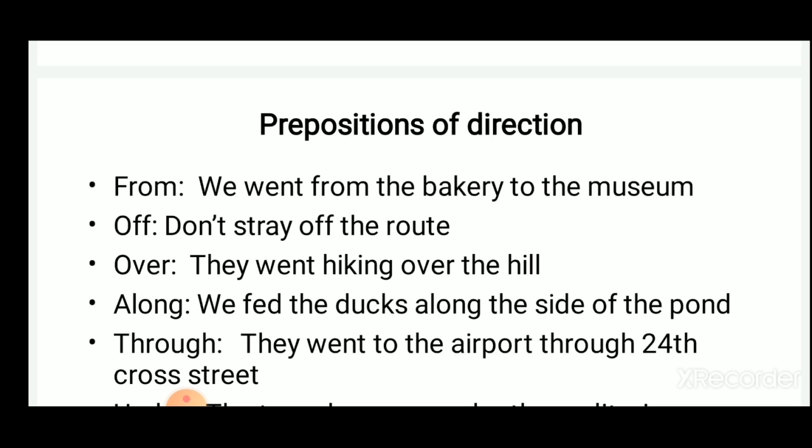Off, O-double-F, off. Don't stray off the route. Off shows being diverted. Over. They went hiking over the hill. Along. We fed the ducks along the side of the pond.